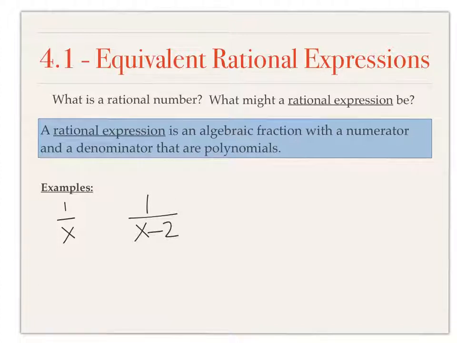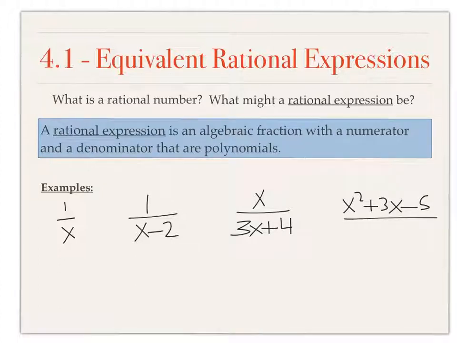Okay, you could have x over 3x plus 4. You could even get ones that are much longer, like x squared plus 3x minus 5 over x minus 2. Okay, that would be one.